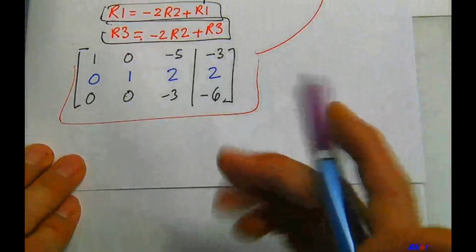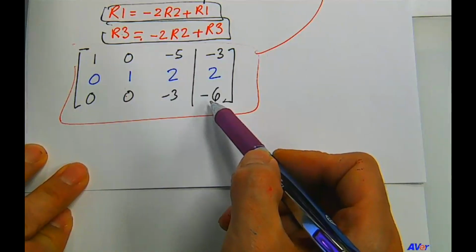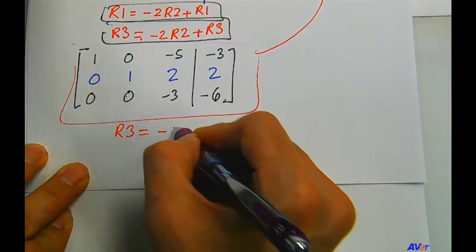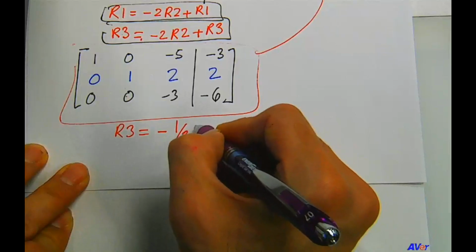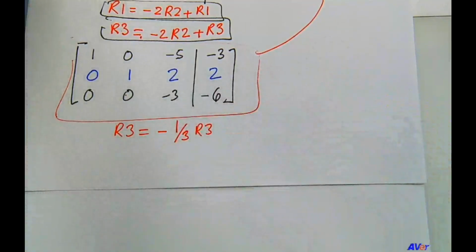All we need is to multiply this row 3 by a negative 1 over 3. So row 3 is equal to minus 1 over 3 times row 3, and that's going to give us a positive 1 in that spot. Let me do that on the next page.